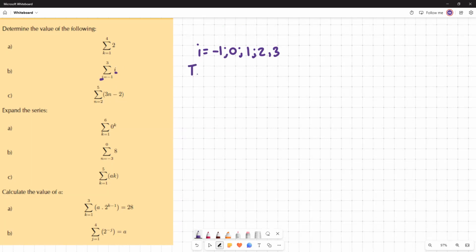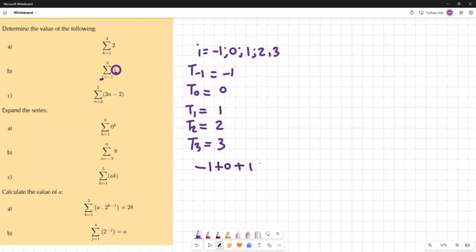So you're going to look for t at -1, t at 0, t at 1, t at 2, t at 3. Then you have this. T at -1 will give you, because you're substituting there, -1. T at 0 gives you 0. T at 1 gives you 1. T at 2, I'm sure you see, gives you 2. T at 3 gives you 3. So you have -1 plus 0 plus 1 plus 2 plus 3. And then you can see that your answer for this sum will be 5. So the answer here is 5.